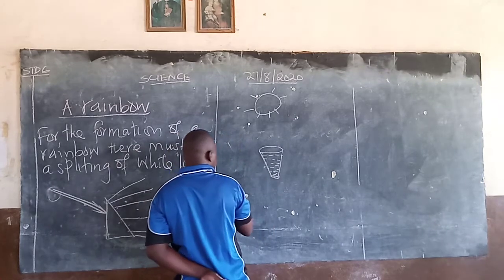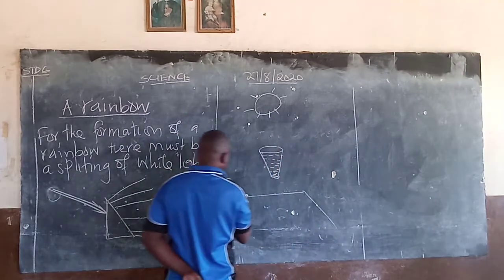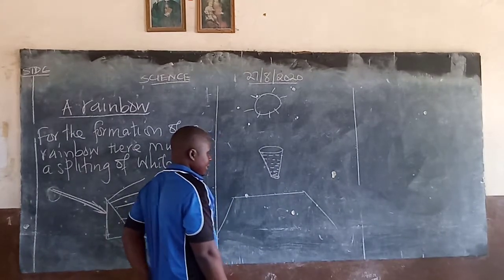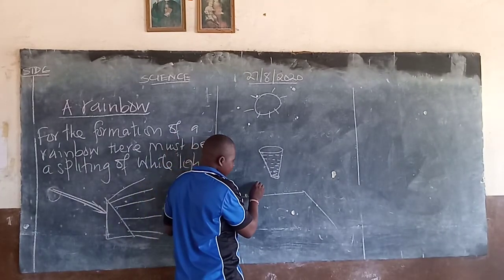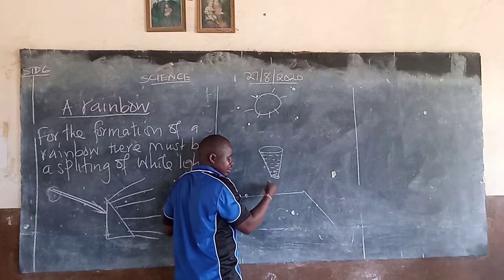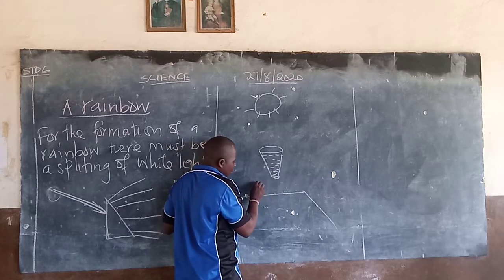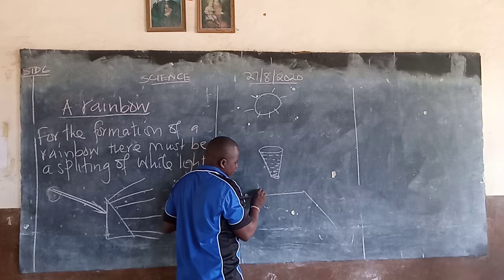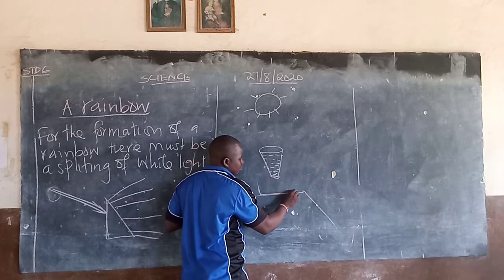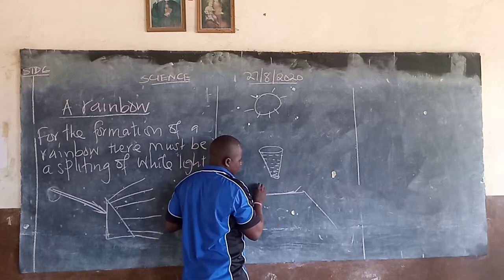Here is our table. In fact, don't put it on the table. We have our white paper here. There is a white paper on top of that table.